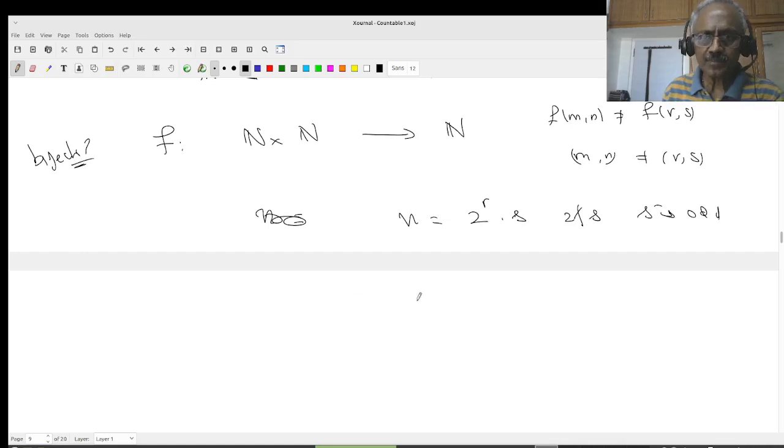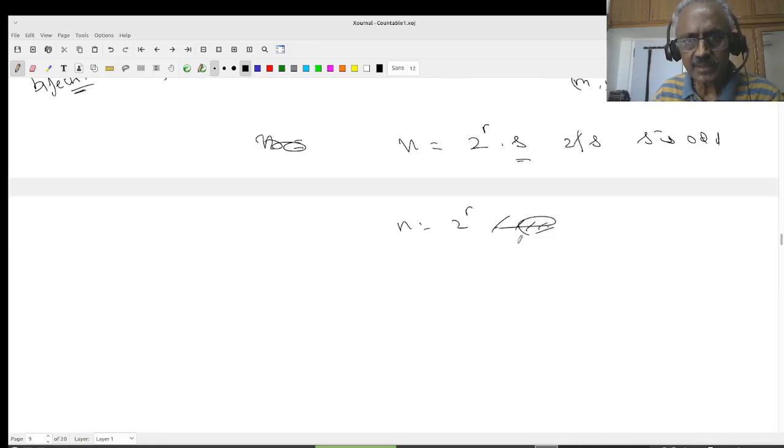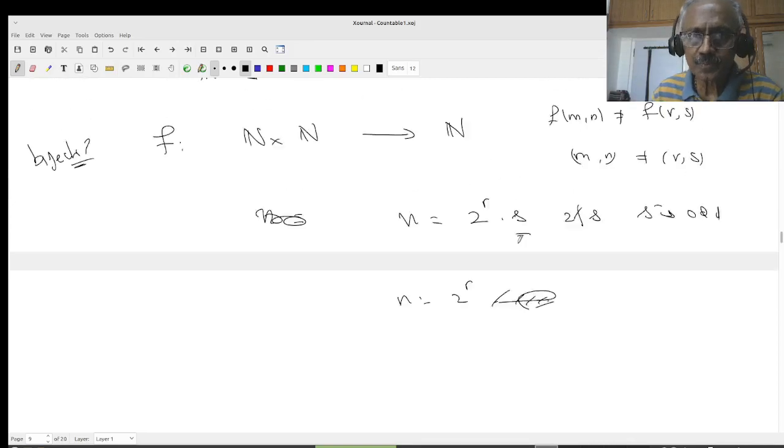Because by prime factorization I can write it as 2 to the power r into a product of various other primes, but they are all odd primes, therefore the product will be odd. You understand that? So I can always write it.